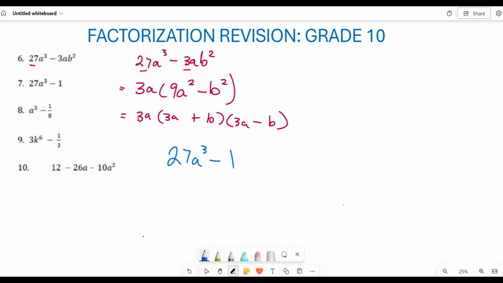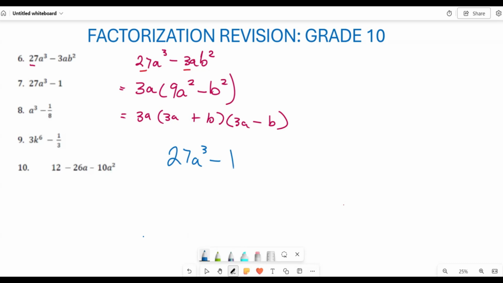Why am I saying this is a difference of 2 cubes? Firstly, a is cubed. And 27 is also a cube number, when you go back to our number systems. And 1 is also a cube number, because 1 to the power of 3 still gives you 1.